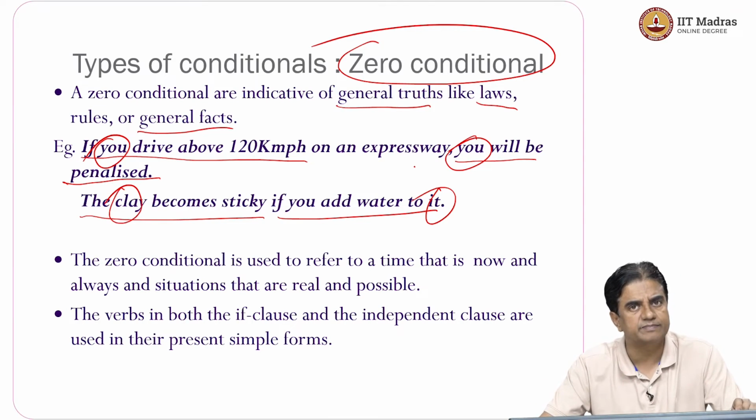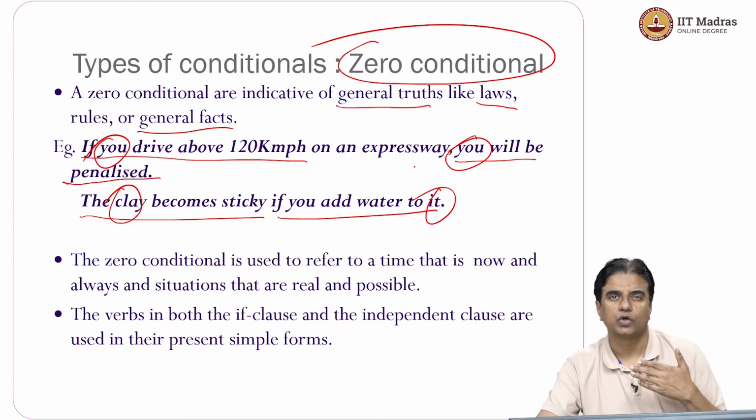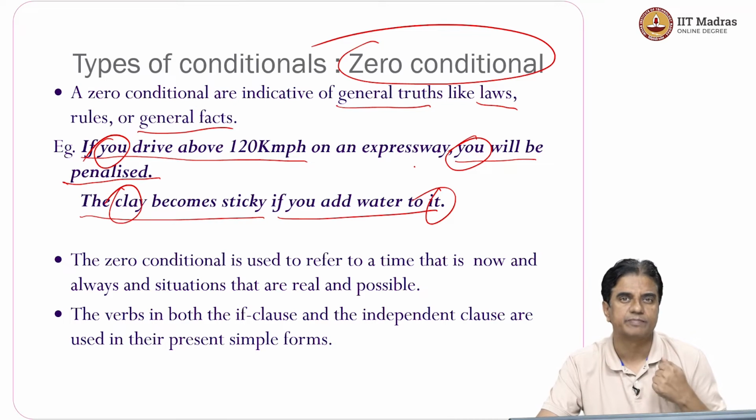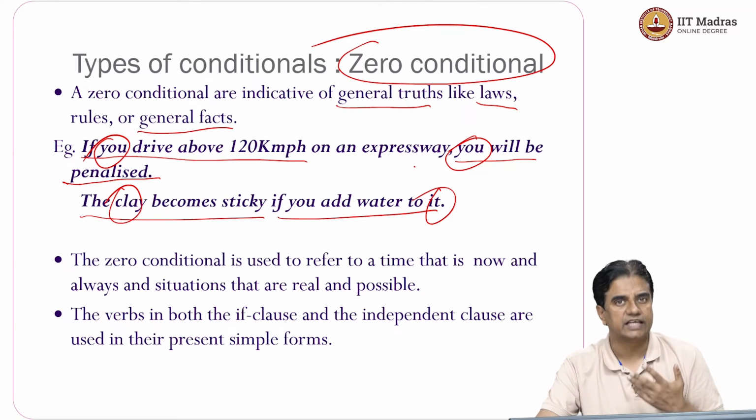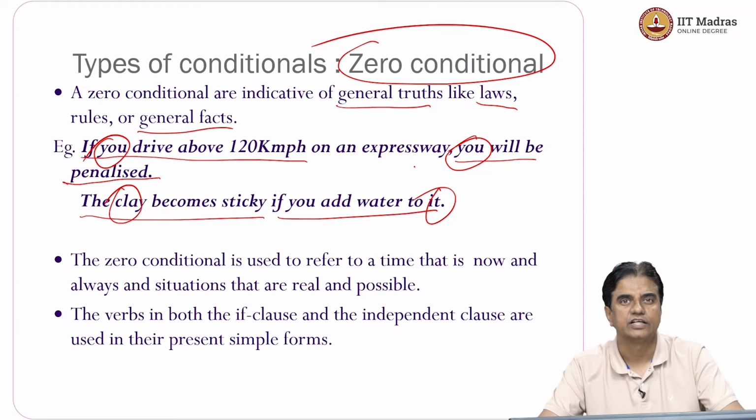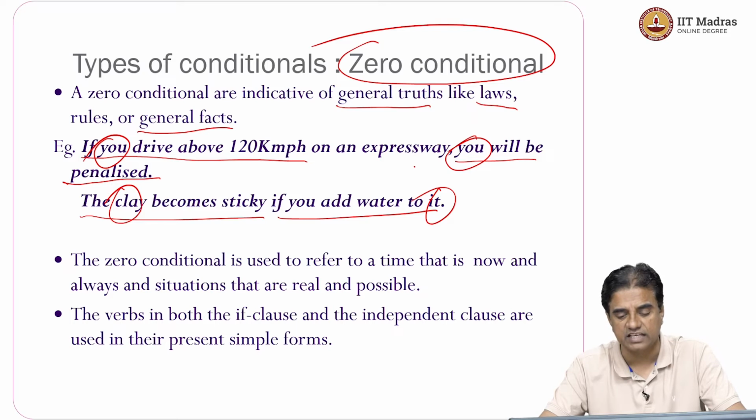But ideally speaking, you would want to put a noun first, whether it is a part of a conditional clause or a main clause, because the interpretation of reference becomes easier in cases where we have two clauses talking about one individual. So, the clay becomes sticky if we add water to it. It refers to what? It refers to clay.